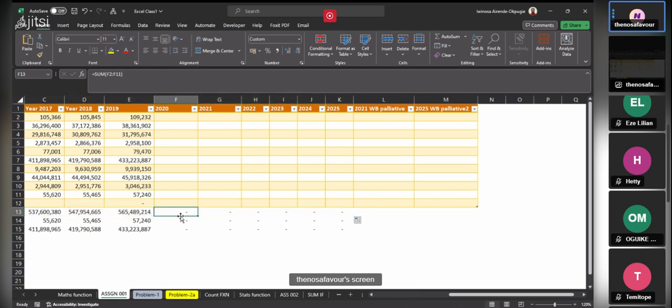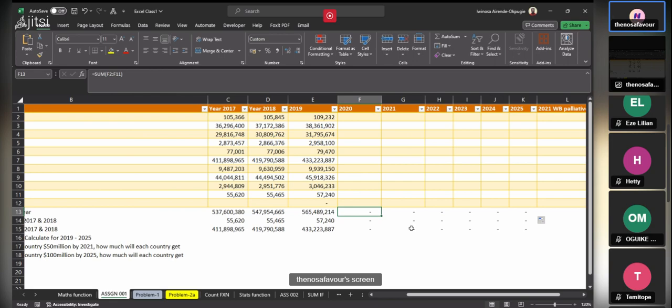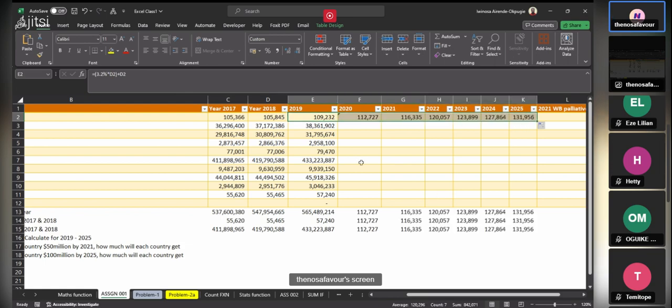Now we are seeing a dash here because there's nothing here. So with that knowledge, if we drag this like this, let's see what will happen. You see Excel is copying the formula you used here to the other years.